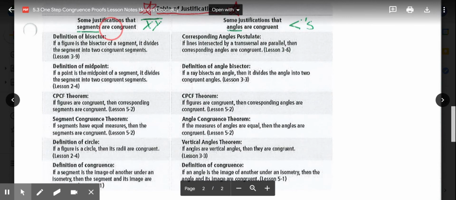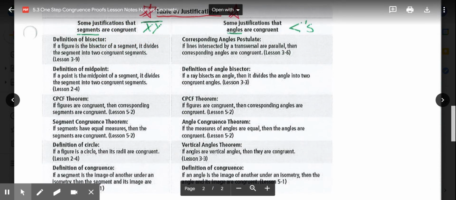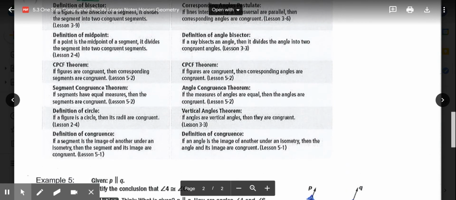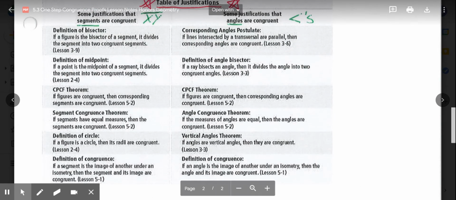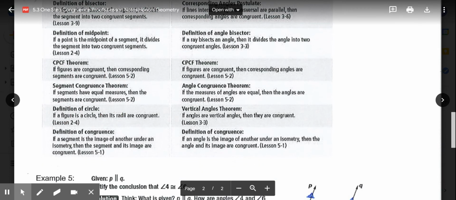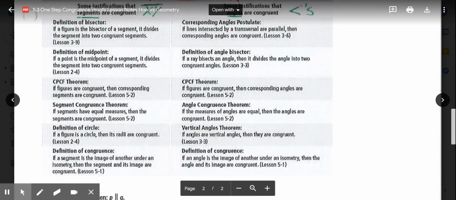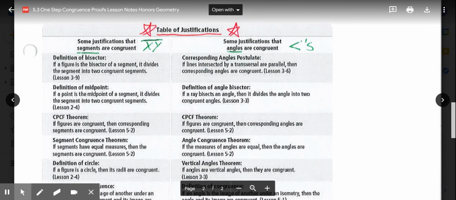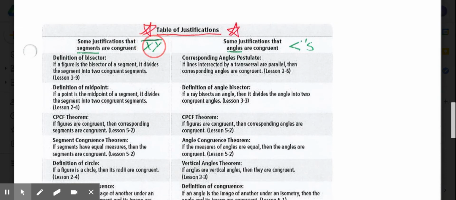If you're dealing with segments being congruent, you would want to look in this left-hand column for things that may be your answer for the justification, such as a definition of a bisector, a definition of a midpoint, corresponding parts of congruent figure theorem, segment congruence theorem, definition of a circle, or definition of congruence. So these are some common justifications you would use when trying to do any proof related to segment congruence.